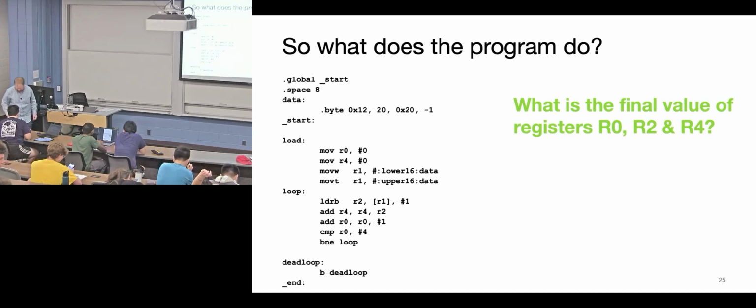Whatever that address is for data. And then when you get the byte at R1, it's actually this, and R2 holds the first byte of this. Okay, thank you.